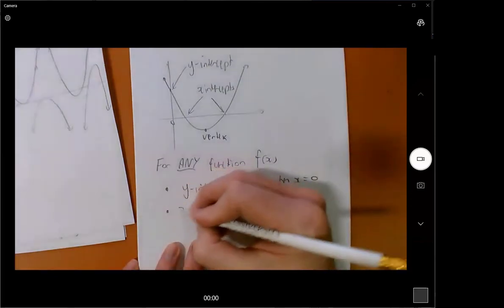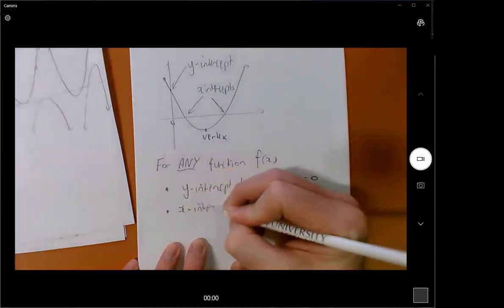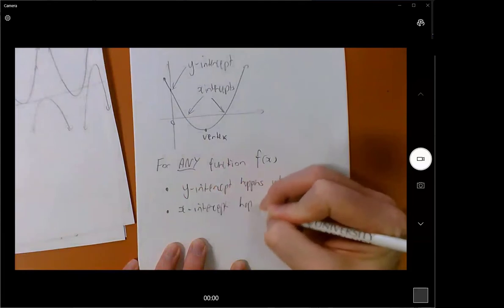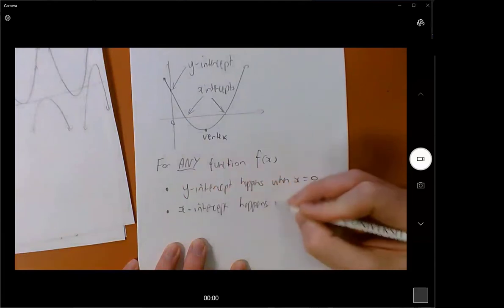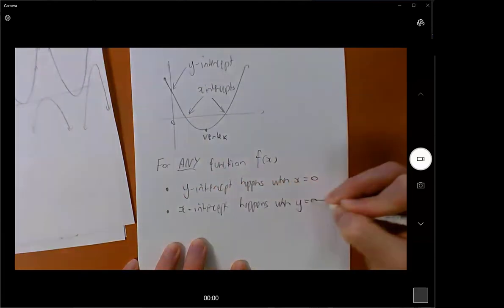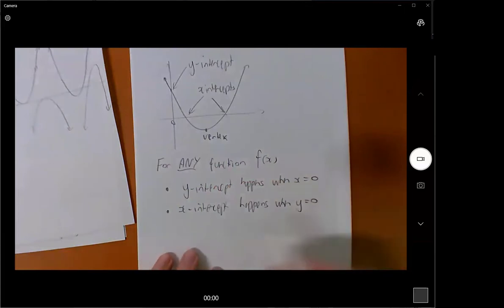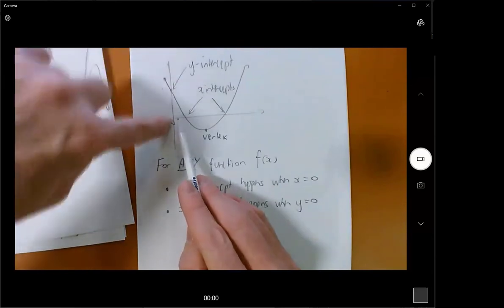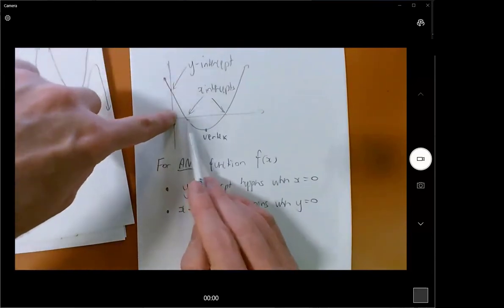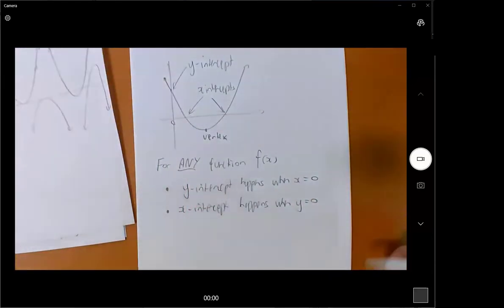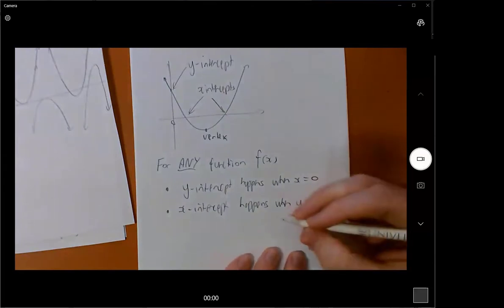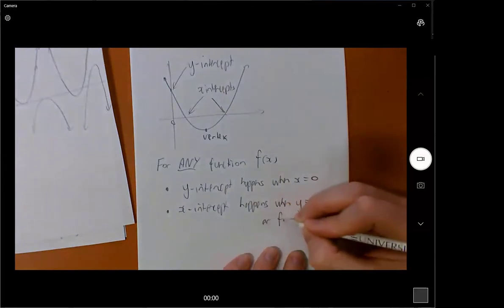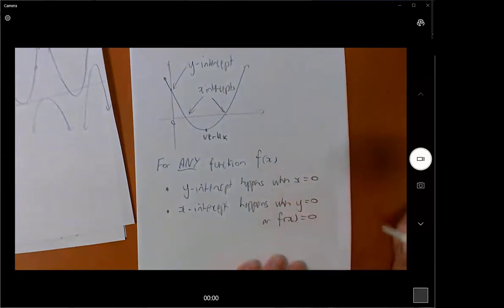And the x-intercept happens when y is 0, by the same reasoning. On the x-axis, that lines up with 0 on the y-axis, so f of x has to be 0, if you like.